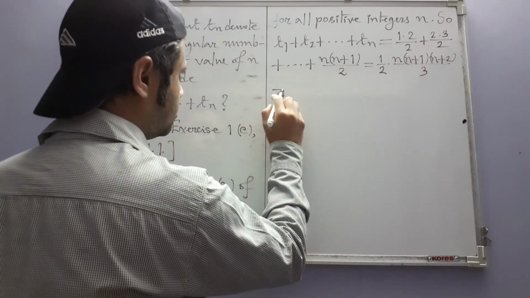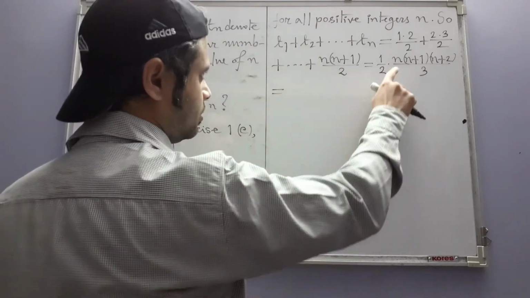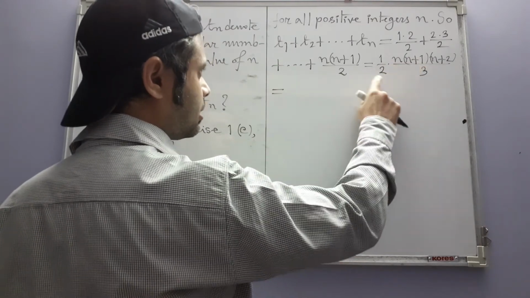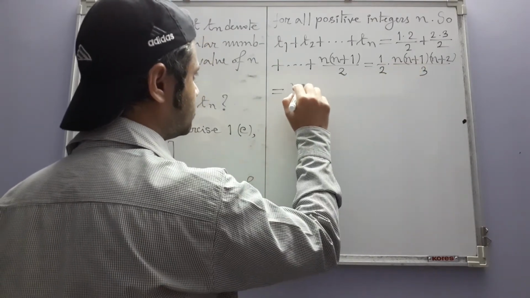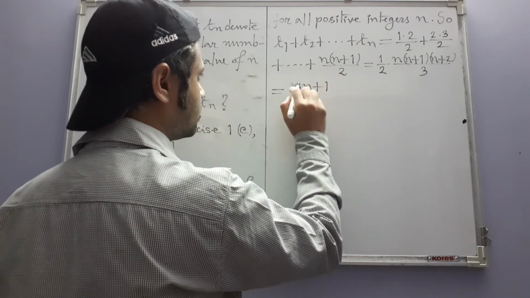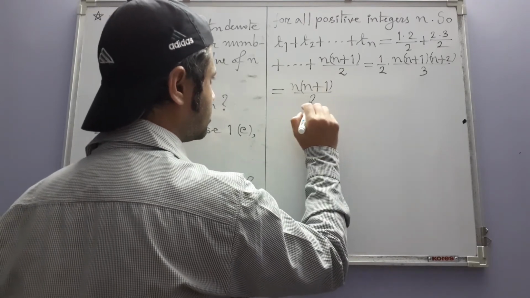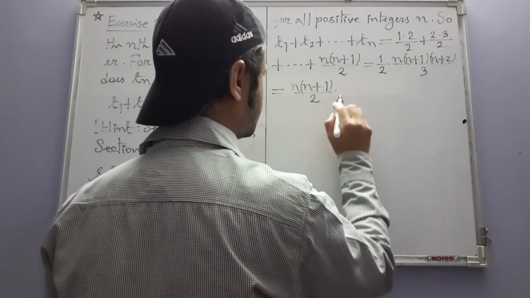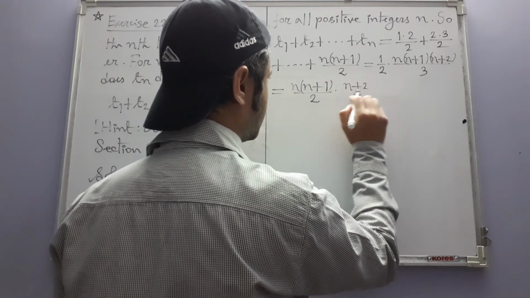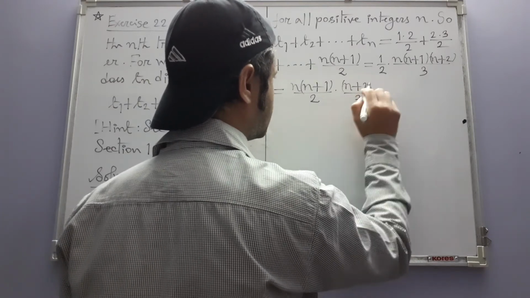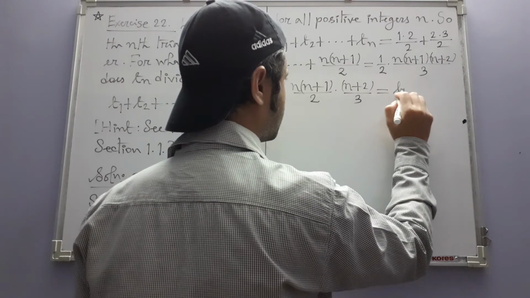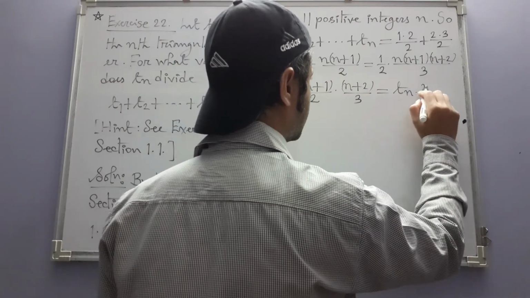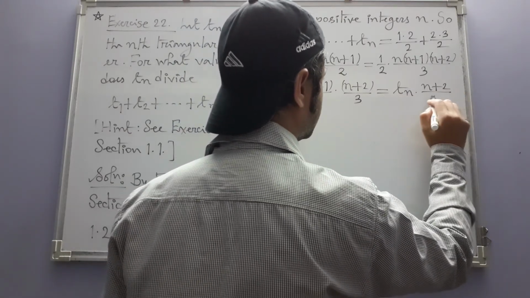Now what we do here, we take n plus 1 and n together, so that they give us our tn times n plus 2 divided by 3, tn times n plus 2 divided by 3.